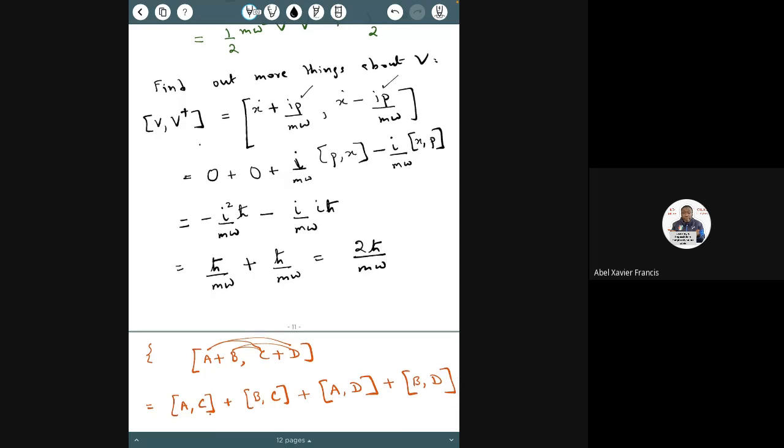So now we have found that the commutator of V and V dagger is some value, 2h cross by m omega.